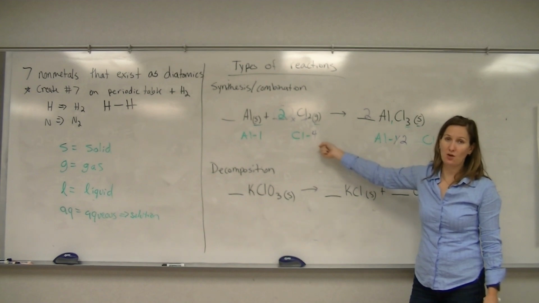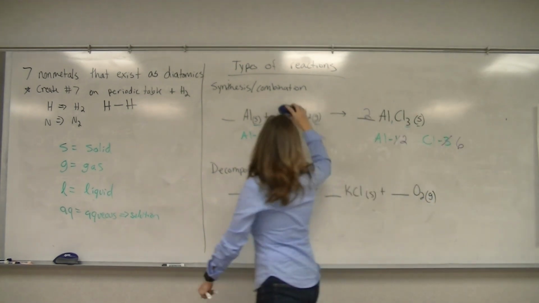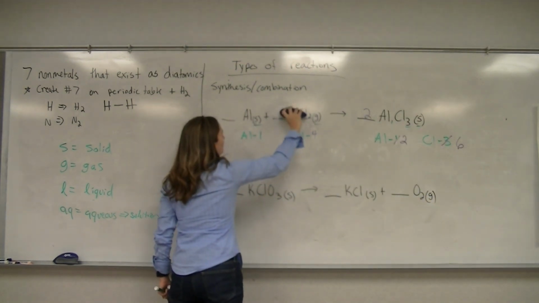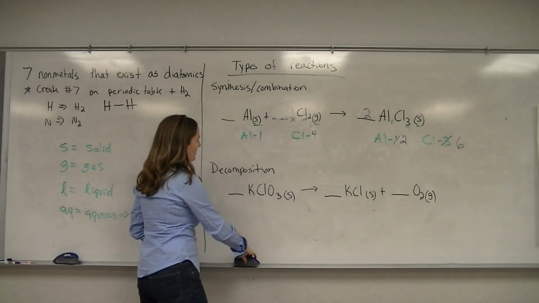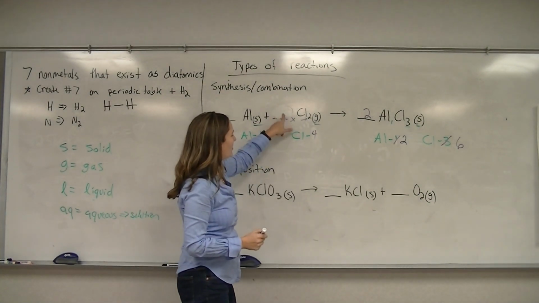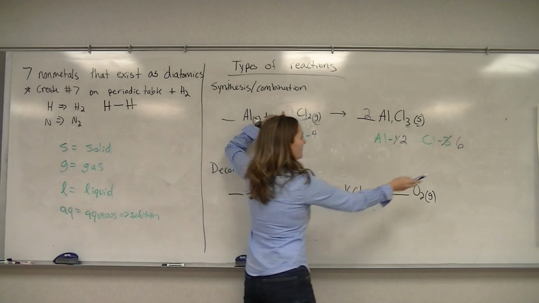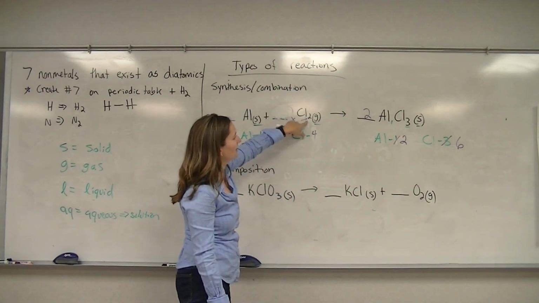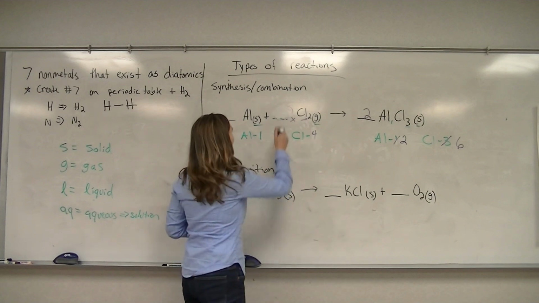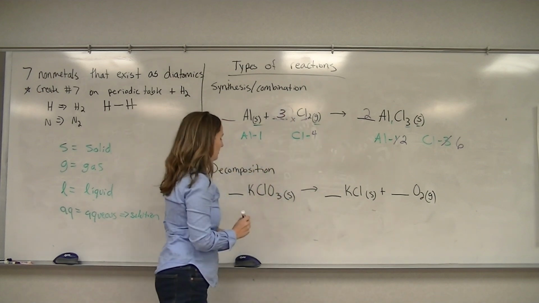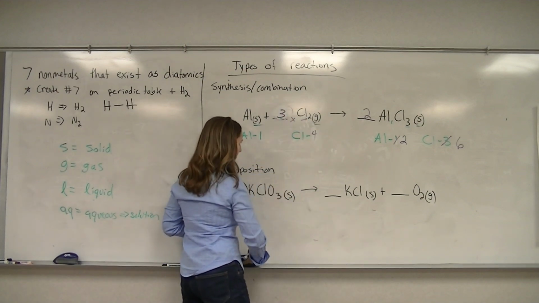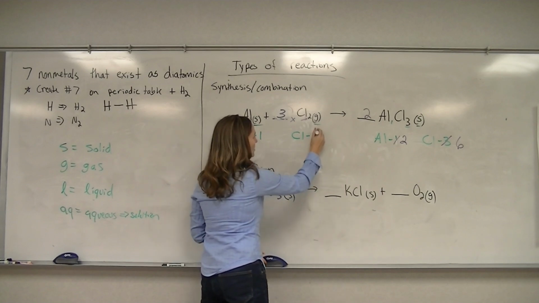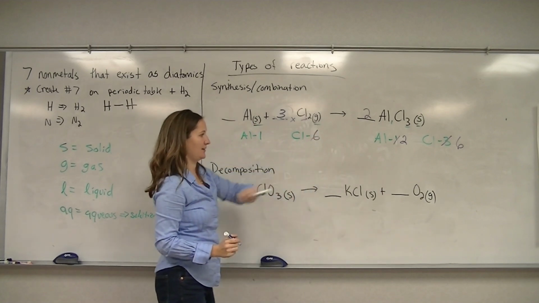So let's change the coefficients to try to get that. So I'm going to change my 2 in front of my chlorine. What number can I put here so that I have 6 chlorines? What times 2 gives me 6? 3. 3 times 2 gives me 6. So now my chlorines are balanced.